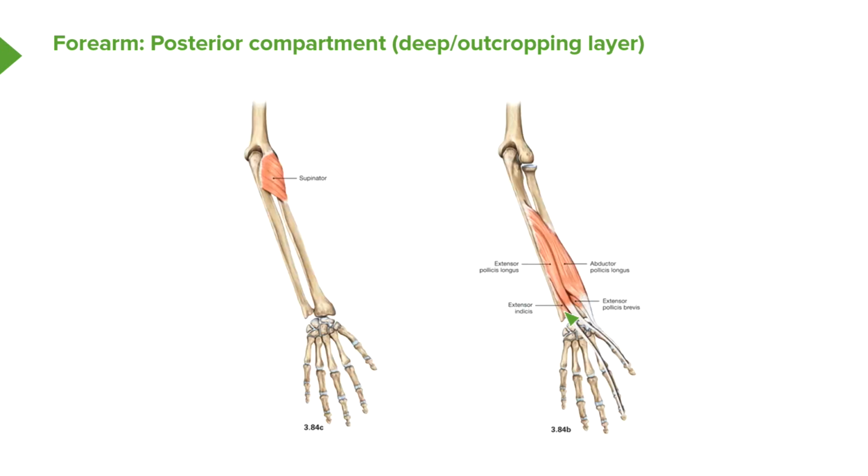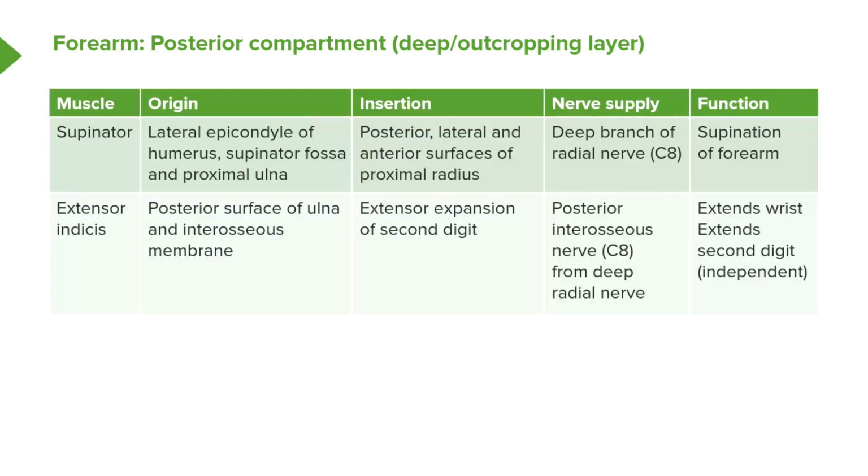Finally, we can just see extensor indicis. Extensor indicis is important as it passes specifically to the index finger, giving the index finger some specific functionality. Extensor indicis is coming from the posterior surface of the ulna and also the interosseous membrane, and it passes to the extensor expansion specifically of the second digit, your index finger.